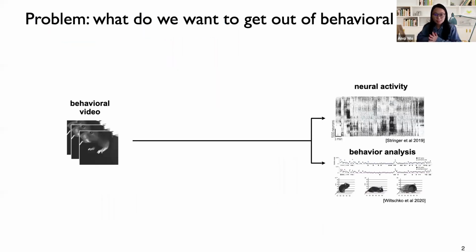To start, let me motivate this work a little bit. In recent years, there has been an explosion of interest in recording behavior videos during neuroscience experiments. Often the goal of recording such data is to provide fruitful descriptions for neural behavioral analysis. However, fitting models between high-dimensional behavior videos and potentially high-dimensional neural data is a challenging statistical problem.